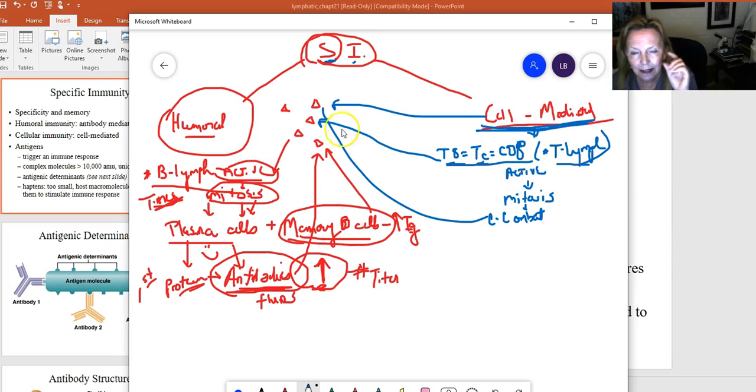If you think about it, the B lymphocytes are kind of like the Air Force. The B lymphocytes are the Air Force, and then they make these bomber planes, plasma cells. And those bomber planes are going to throw down bombs on the enemy.